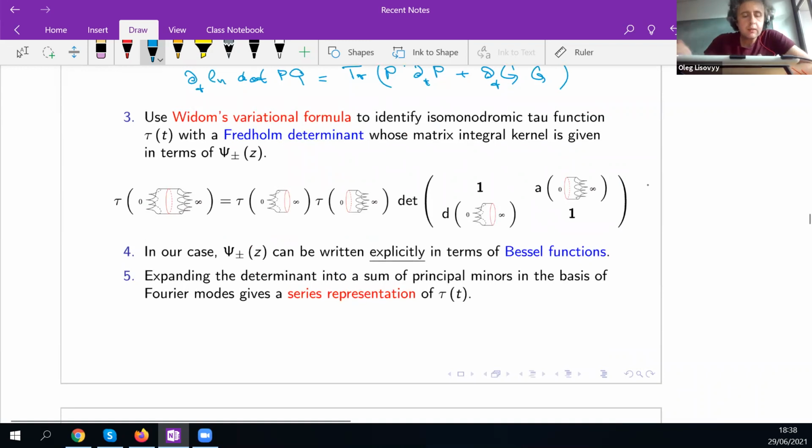Now, in a more general setting, suppose that we have a system with two irregular singularities at 0 and infinity.